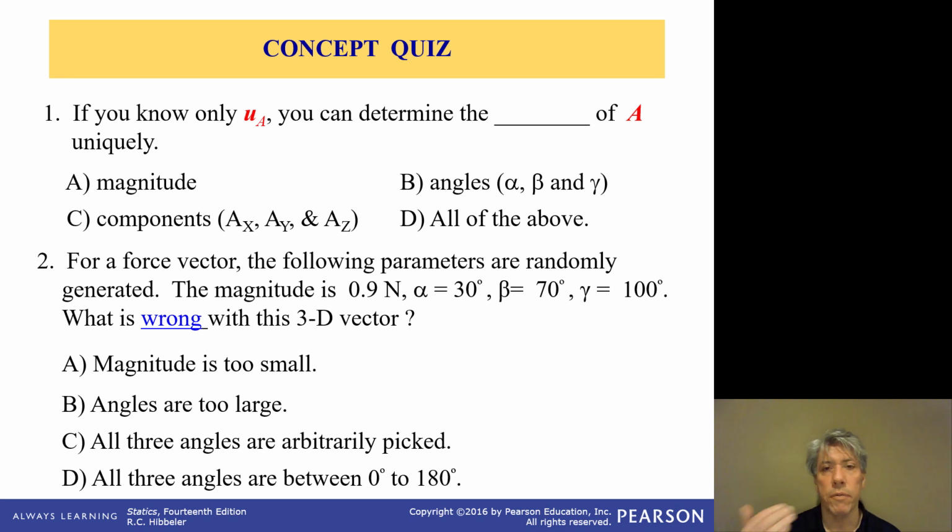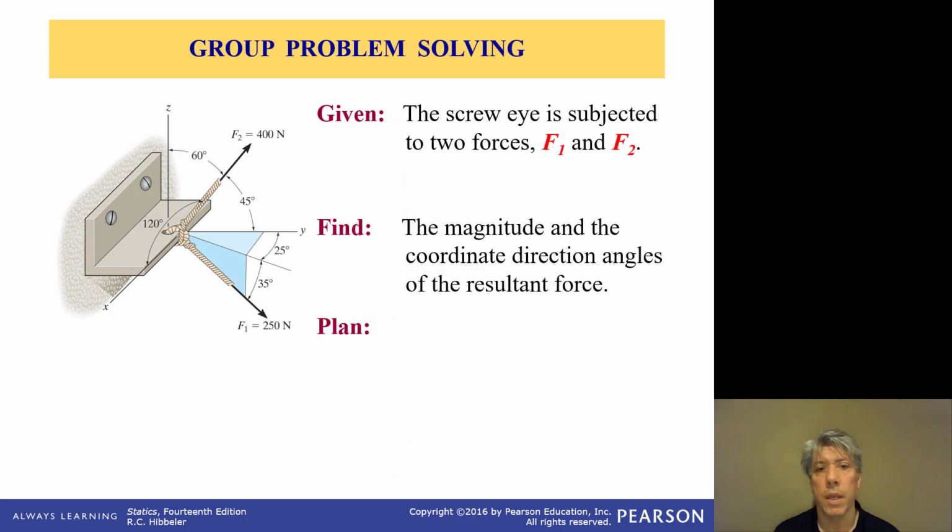Those are the angles from the vector to the various axes in the coordinate system, and they can't just be randomly generated and be correct. We might get lucky and choose values that produce a sum of cosine squared equal to 1, but I'm pretty sure this one won't. So that would be the problem.